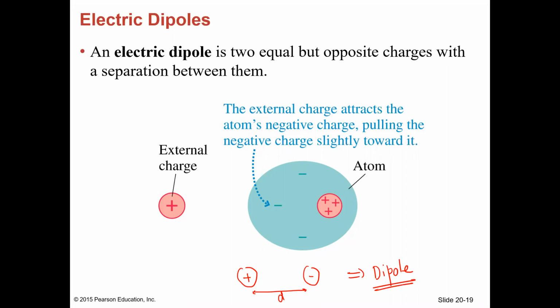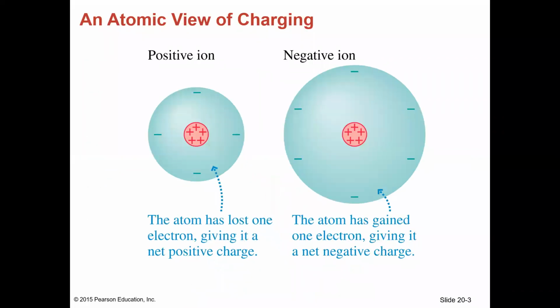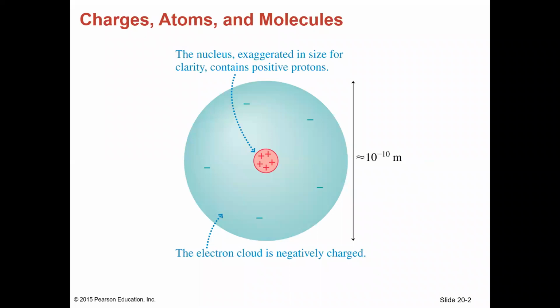You can create a dipole by polarizing the atom. So you have an atom here. In the neutral atom, like I said before, the center of the negative charge and the center of the positive charge overlap. The center of the negative is at the center here, and the center of the positive is also exactly at the same location, so they overlap.